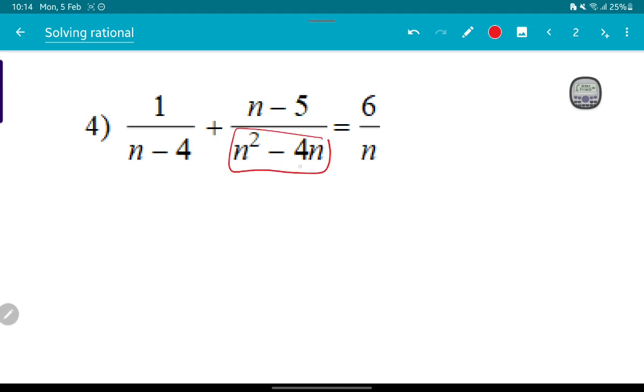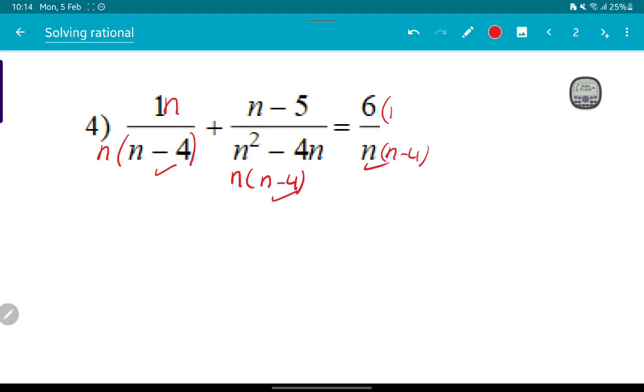When you factorize this denominator, this will give you n and n minus 4. Now you can see the difference. n, so we need to multiply here by n. n minus 4, so we need to multiply n minus 4, up and down. You can cancel this.